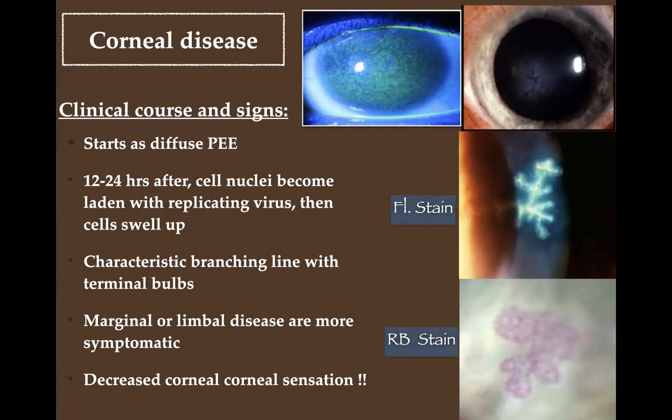And here on the right side, this is the rose Bengal stain of the dendrite.